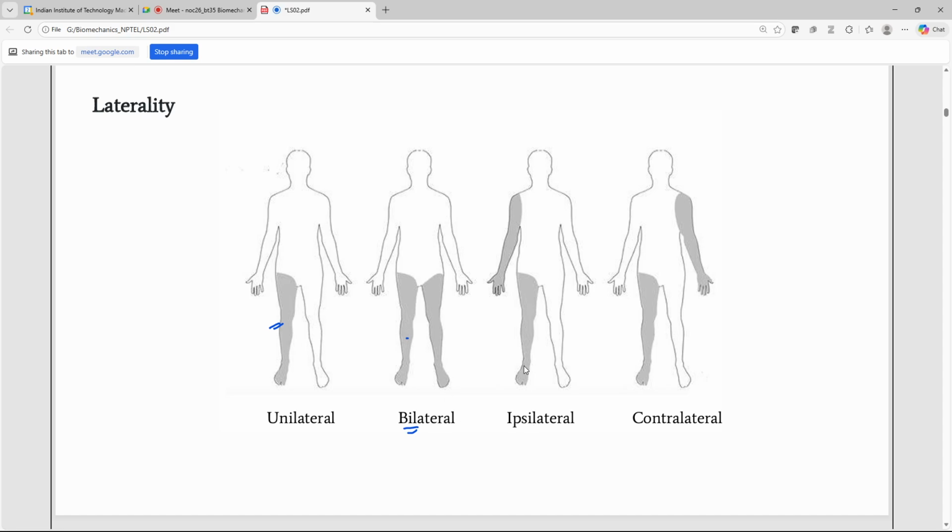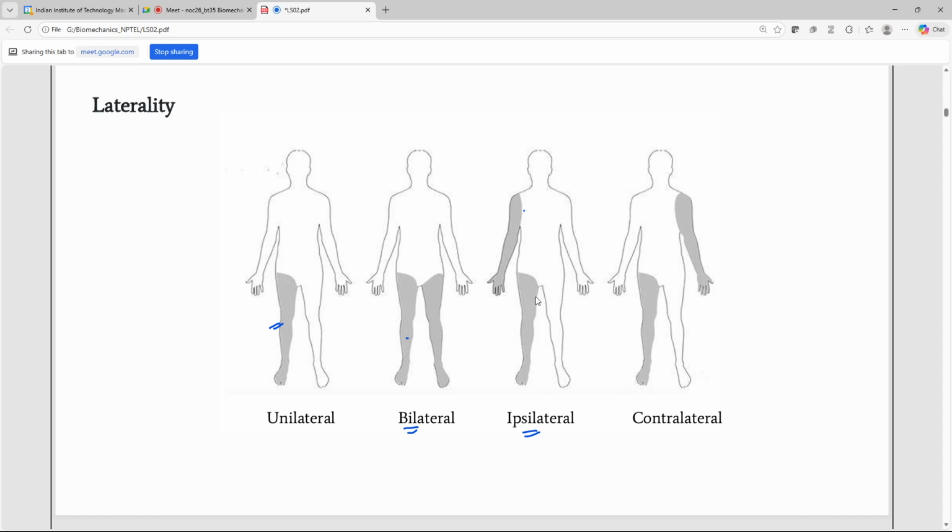Whereas ipsilateral means on the same side. Suppose we are referring to two organs that are not directly in contact, but on the same side of the body. In such situations, the term mostly used is ipsilateral. We won't say right or left because right and left can be confusing.